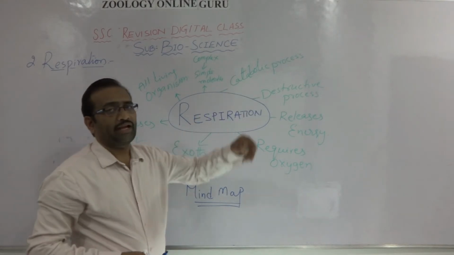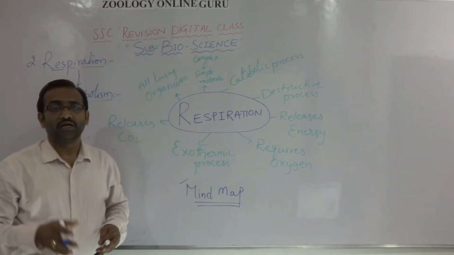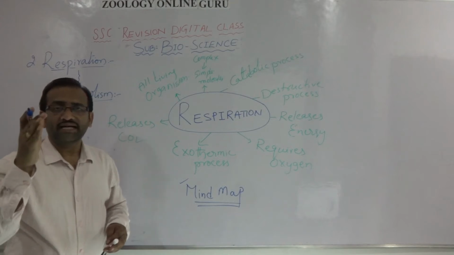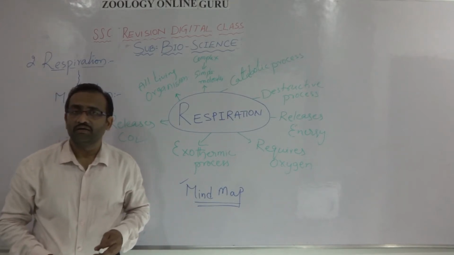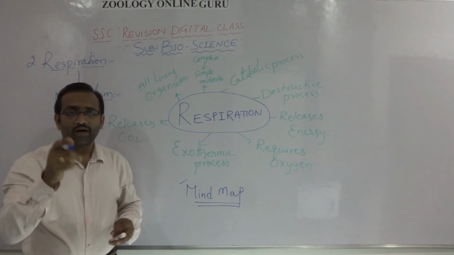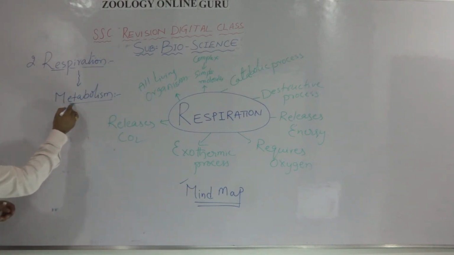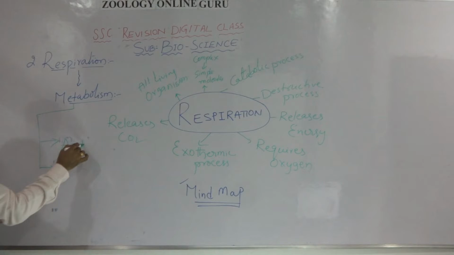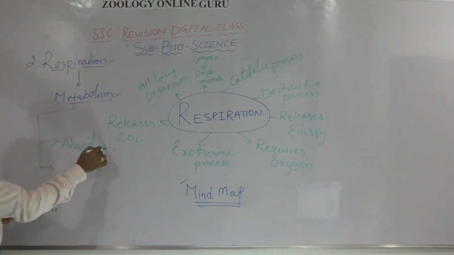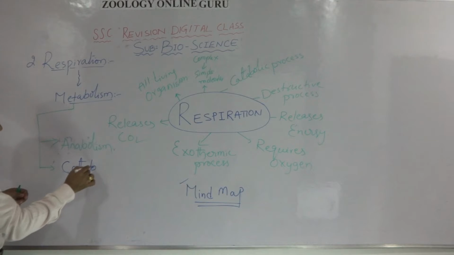Coming to the catabolic process, metabolism. The sum total of reactions that take place in a living organism is called metabolism. Metabolism is of two types: anabolism and catabolism.